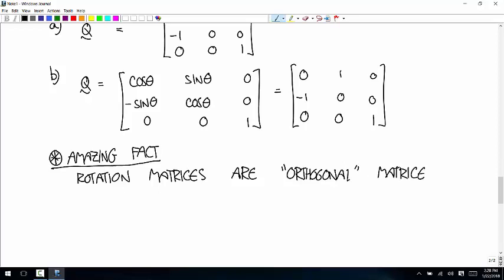I don't even remember what that means. I suppose it probably means that the columns of the matrix are perpendicular vectors to each other.